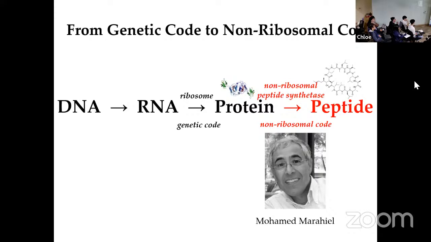This protein is built in such a way that it has a hidden code for generating this red peptide, like RNA has a hidden code for generating a protein. Right? RNA has a genetic code. This protein has a non-ribosomal code for generating this peptide. So there is a code inside the protein.